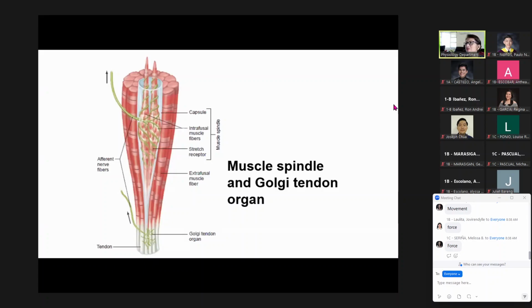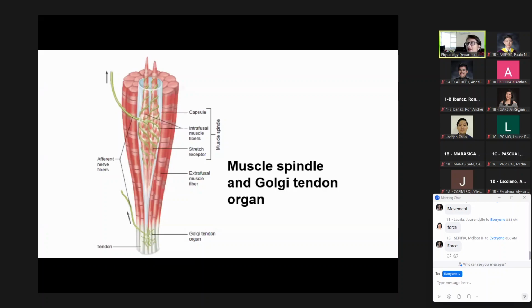Nasaan ba yung muscle spindle? Now, the muscle spindle is within the belly of your extrafusal muscle fibers. As you can see in the diagram, intrafusal muscle fibers that compose the muscle spindle are arranged parallel to your extrafusal muscle fibers.